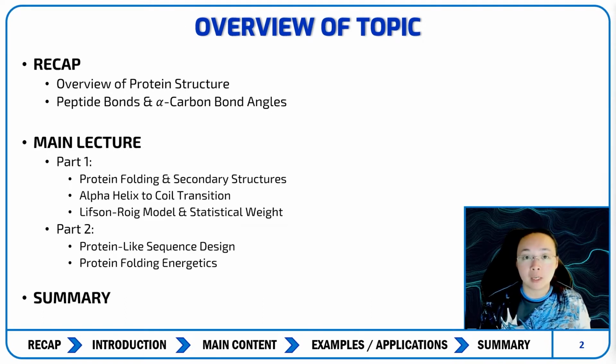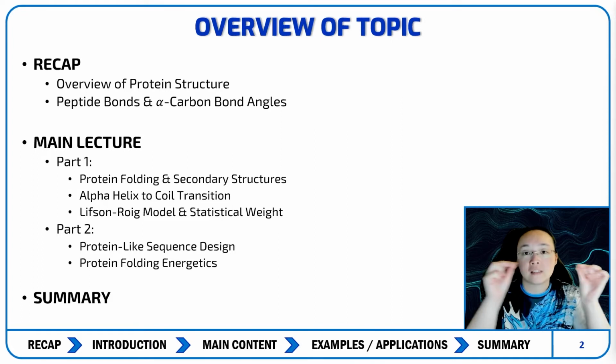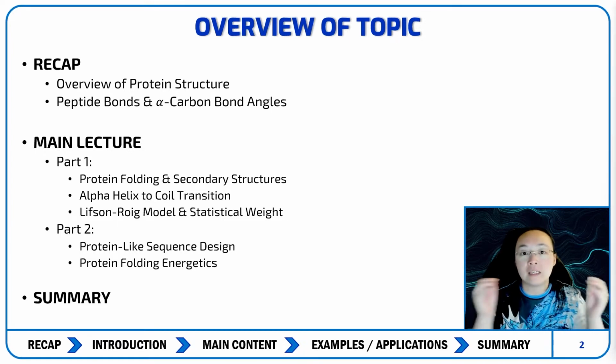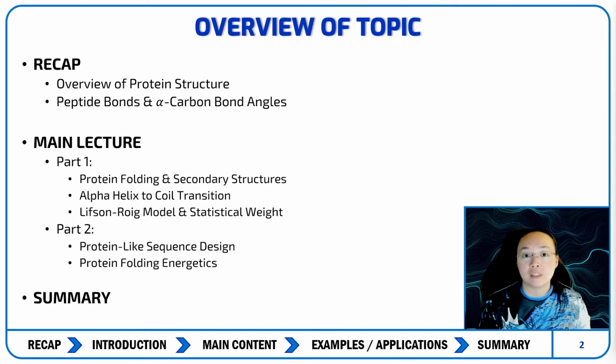If you think about it, when you have a linear sequence and you want to turn it into a helical structure, there has to be an initiation step. So from a helix or coil form, we want to be able to transition back and forth between each of them, whether it's uncoiling or coiled together.